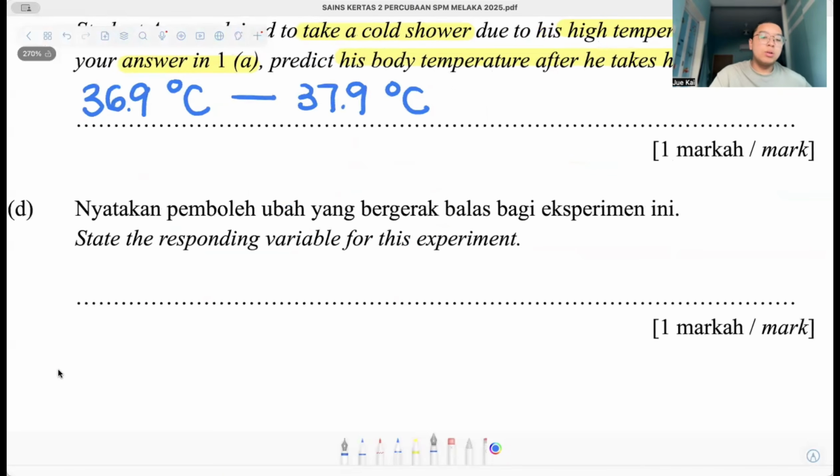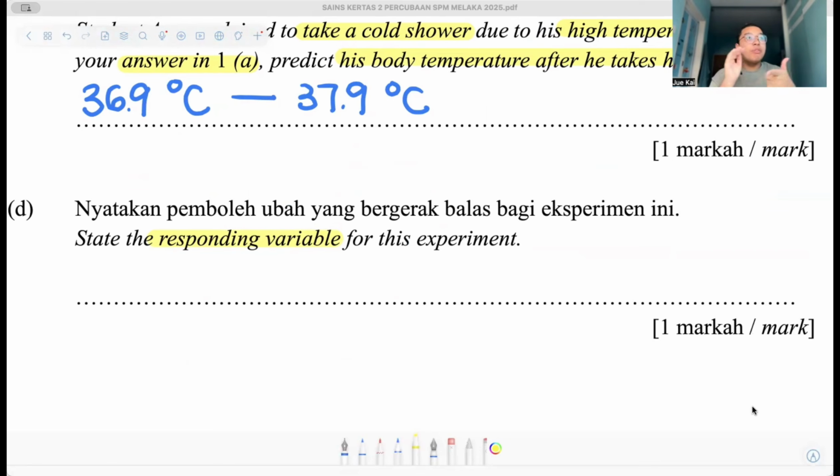Okay, next. This one also gives free marks. State the responding variable. What is the meaning of responding variable? If you joined my class before, obviously you can answer. Responding variable is the variable that gives you response, gives you reading, record, number. I repeat again.